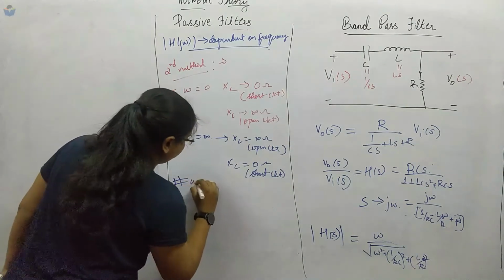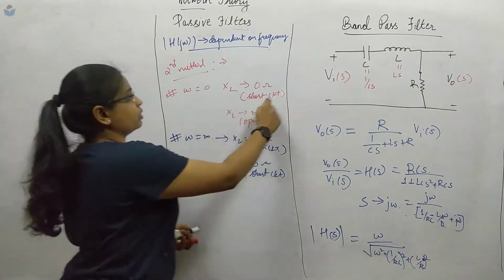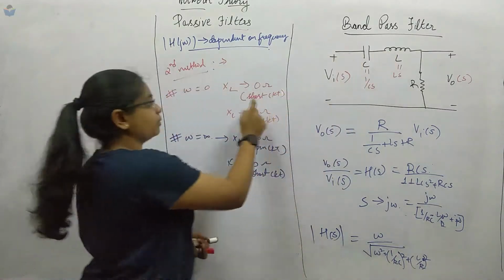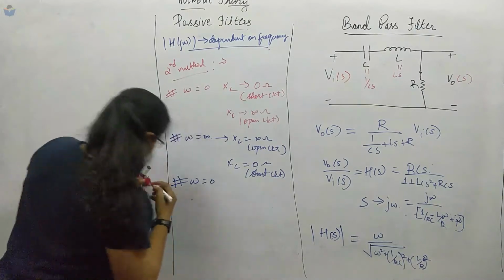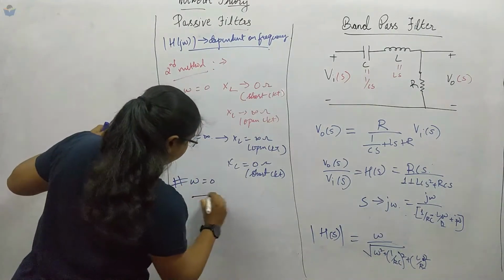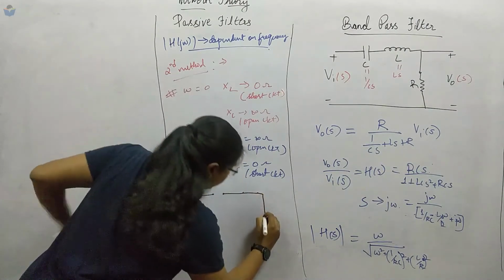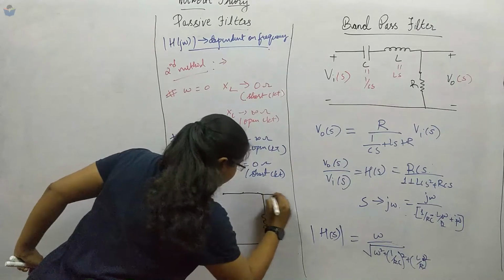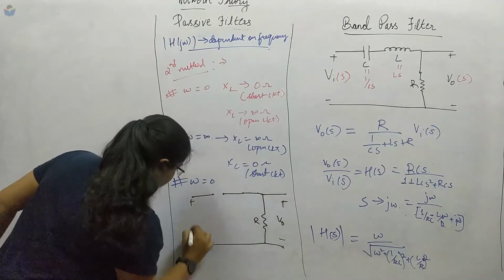Now we will apply this to the circuit. First we will see omega equal to 0. XL is 0 ohms, so it's a short circuit and the capacitor will be open. Let us draw the circuit: the capacitor is open, this is a short circuit, R will be as it is, and this is V naught, here is Vi.